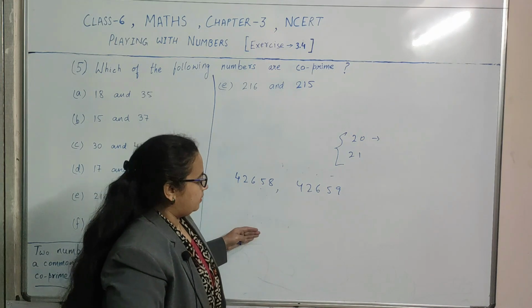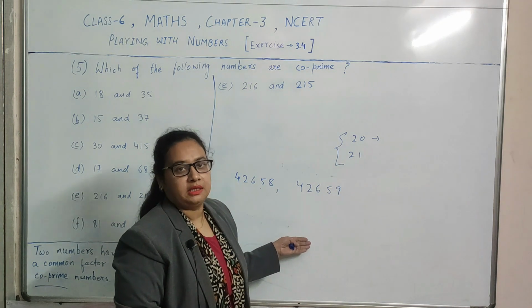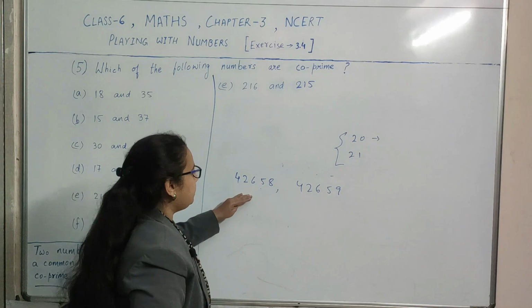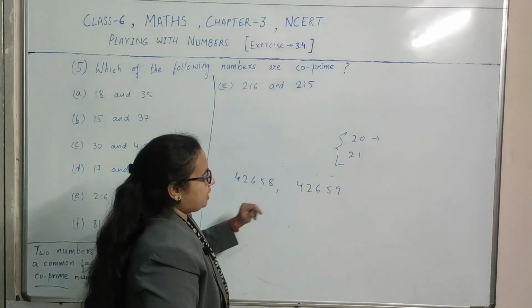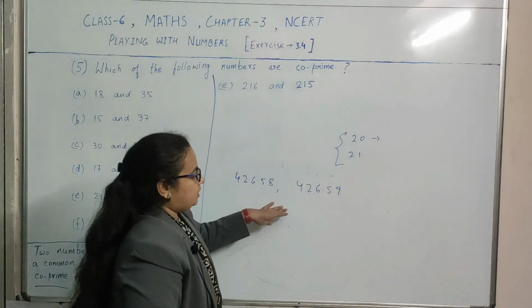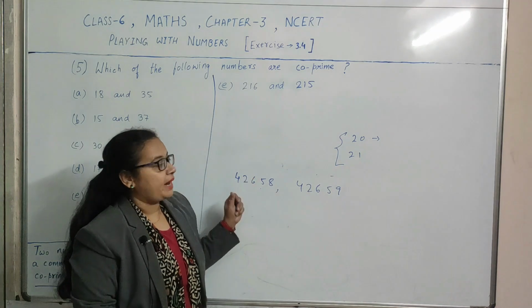If you go on writing the factors and you are not getting common factors other than 1, then what will you do? Will you go on writing? No, you will just see whether the numbers are consecutive or not. If they follow each other, if they are continuous numbers, you can directly say that they are coprime numbers.